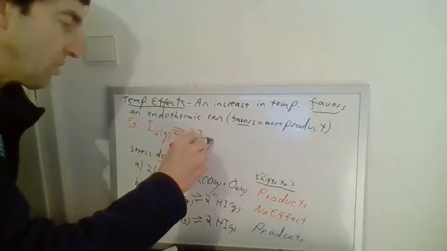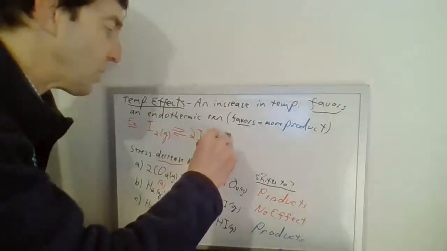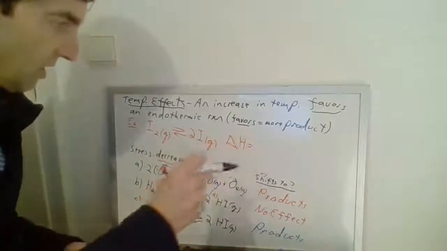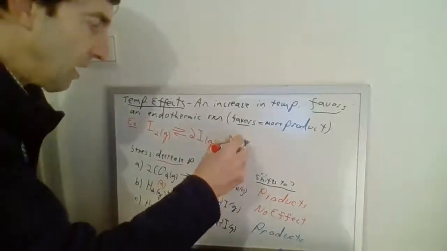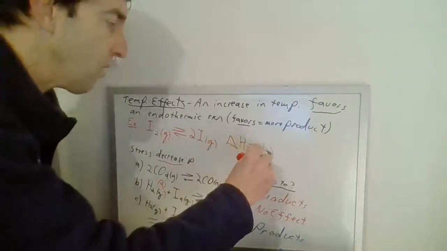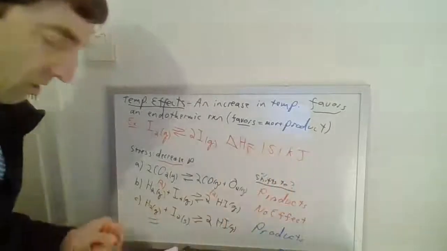So breaking up an I2 into 2 I's. And the delta H for that, the change in heat, if I can write an equal sign today, is 151 kilojoules, okay?